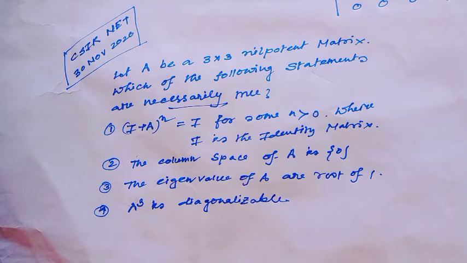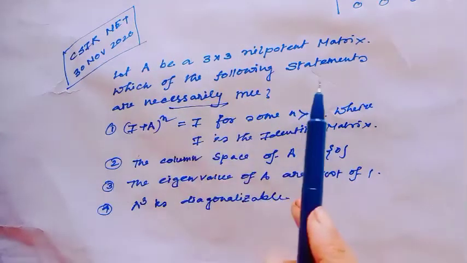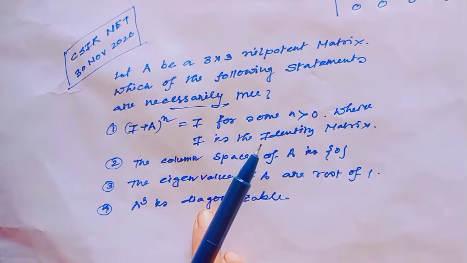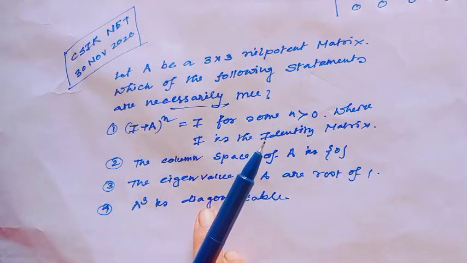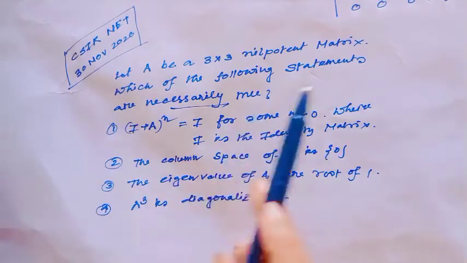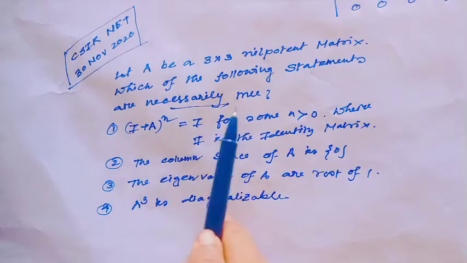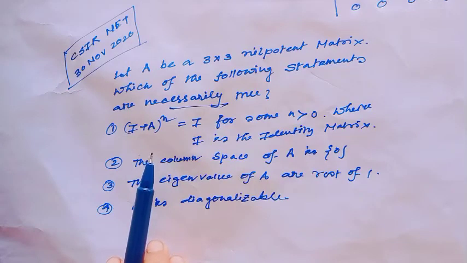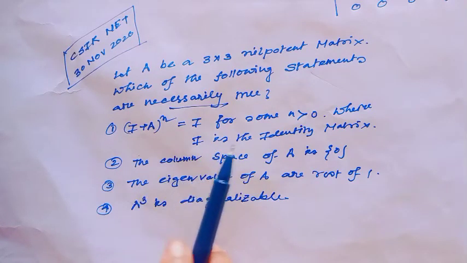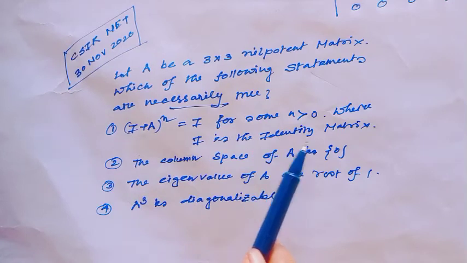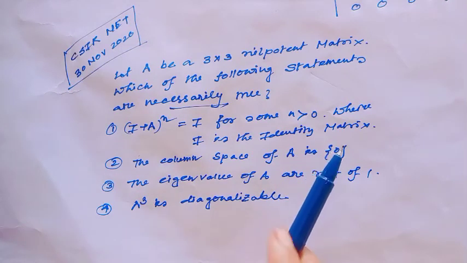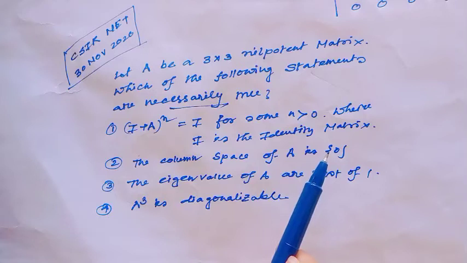One question which had come in CSIR NET, 30 November 2020 exam. The question is: let A be a 3 cross 3 nilpotent matrix, then which of the following statements are necessarily true? Option 1, I plus A to the power n equal to I, for some n greater than 0, where I is the identity matrix.